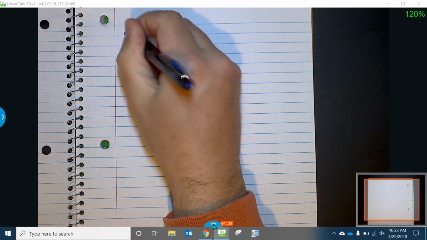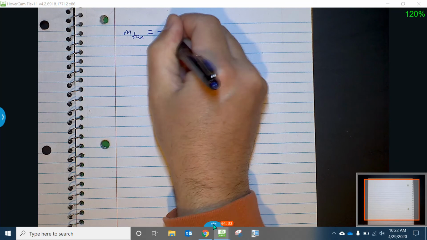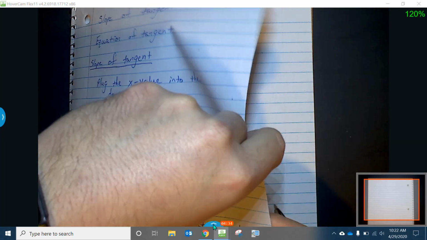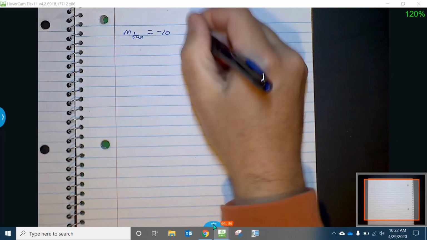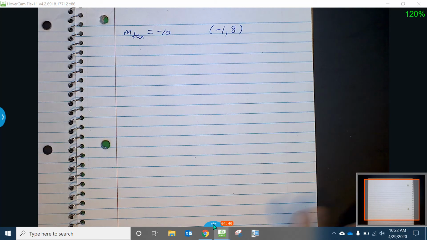Alright, so we have your m tan equals negative 10, and we have the point negative 1 comma 8. And that's from the original.